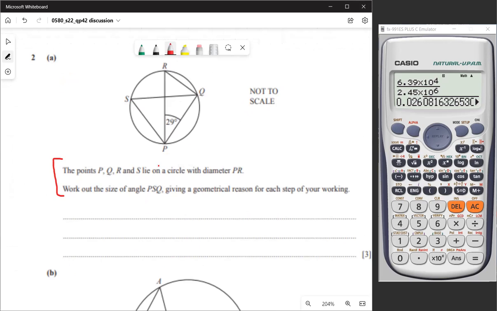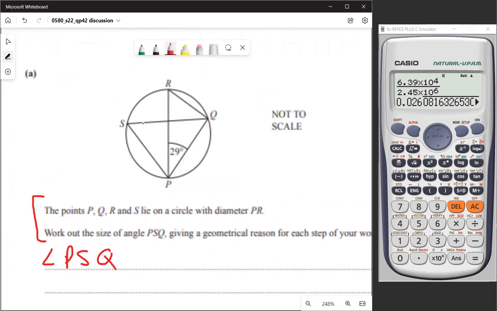You have to find angle PSQ. Which angle is this? Right angle? No, it's not. This one. Call it theta. How do I find it?